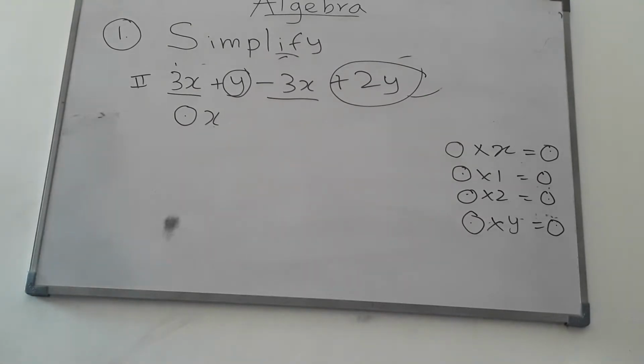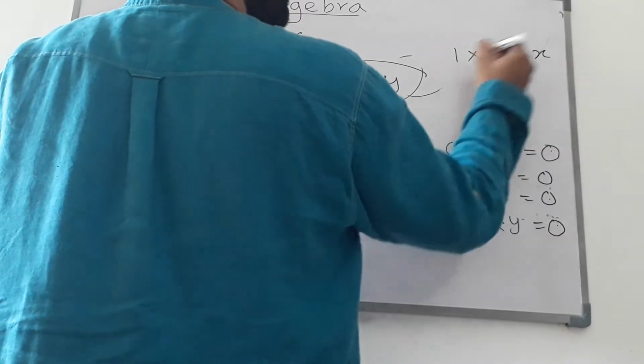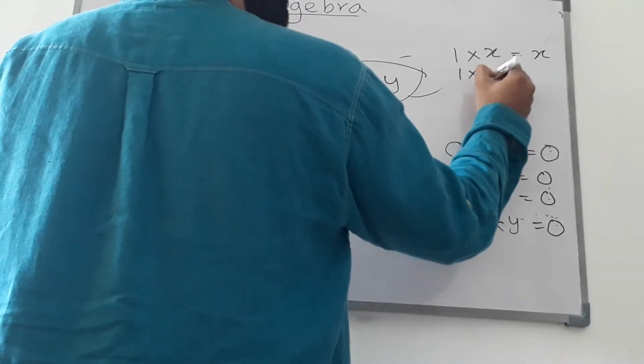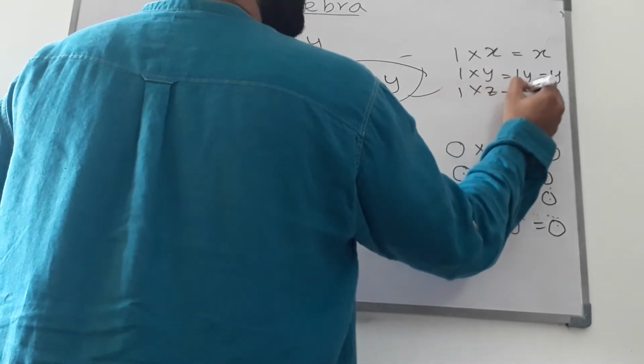1x means 1 times x, so x. 1 times y means 1y or y. 1 times z means 1z or z.